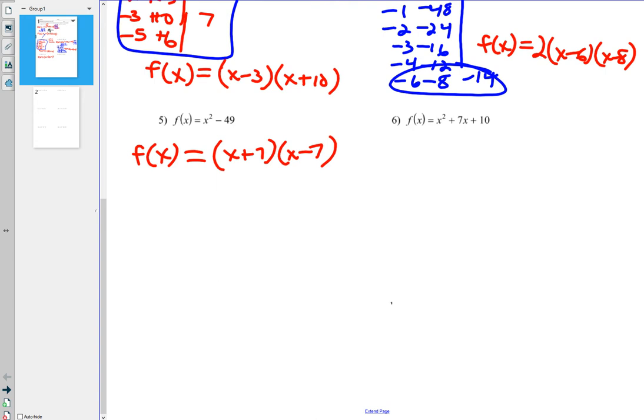Okay, here's the only other way I know how to explain it. If I were to rewrite this, what does the word difference mean in math? Subtract, right? If I am subtracting two perfect squares, what times itself gives you x squared?